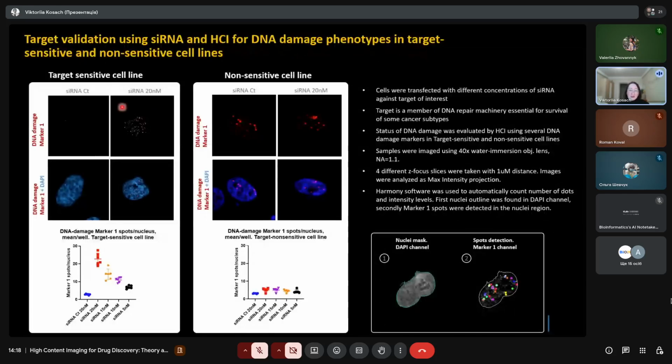We use a DNA damage marker for it, and as you can see, in the siRNA control, in the target sensitive cell line, we see the formation of DNA damage foci in the absence of our target.